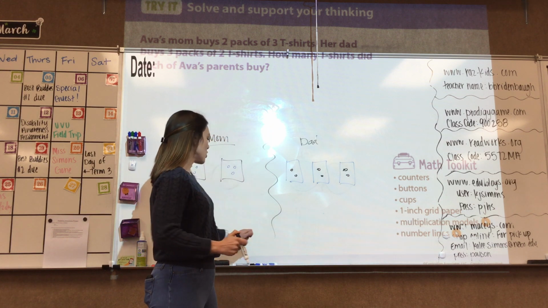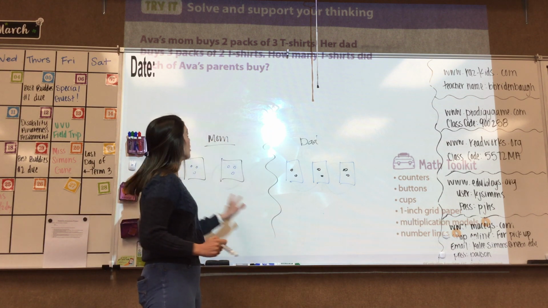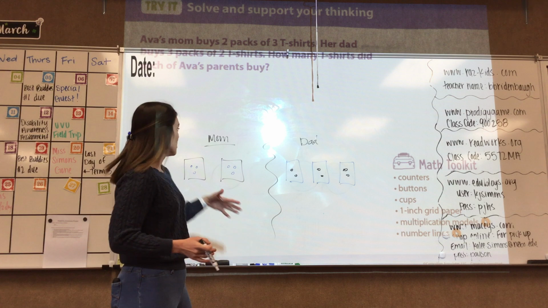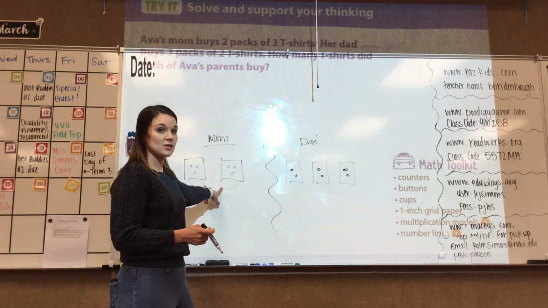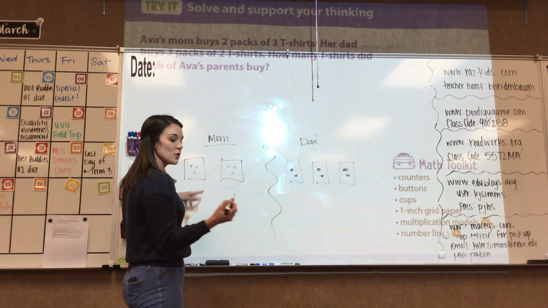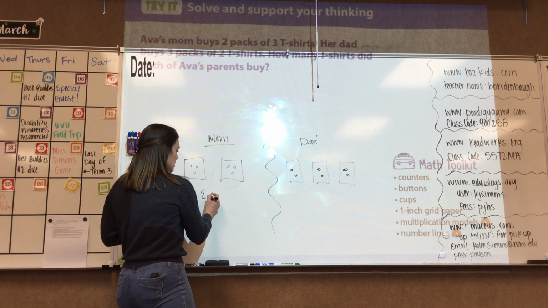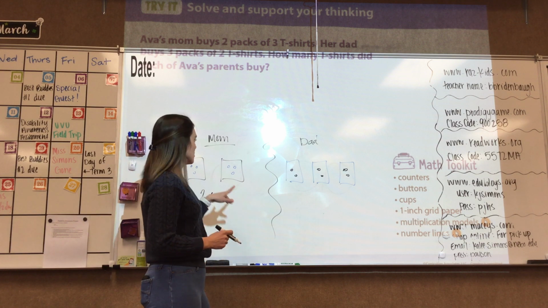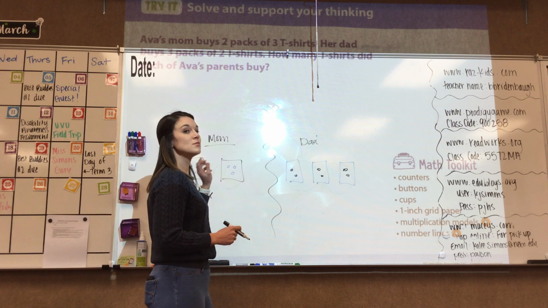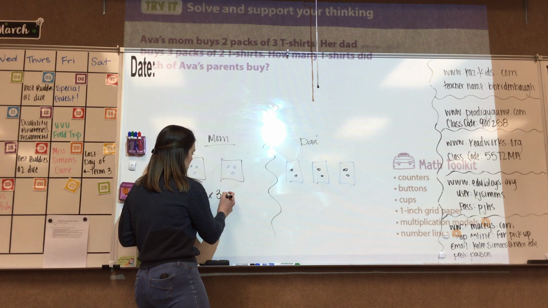Okay, so we need to know how many each of her parents bought. Mom has 2 packs, which shows 2 groups. So that's 2 times, how many are in each group? 3, right? Equals.